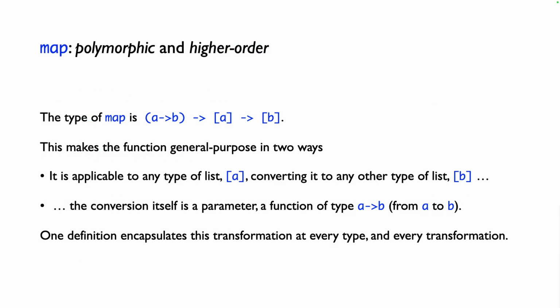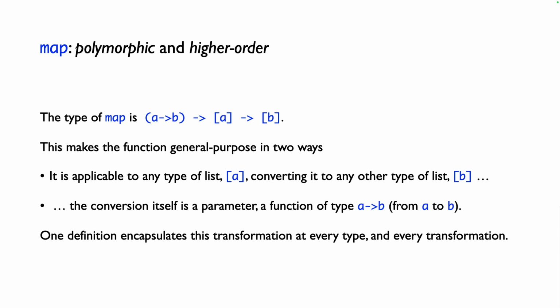But as I said, these are special for this reason. If you look at the type of map, it makes the function general purpose in two ways. It's first of all applicable to any type of list. So it's generic in that sense, but it's also general in the sense that the actual conversion, the transformation that it does, is a parameter. That first argument is a parameter which encapsulates the particular transformation that is to be done.